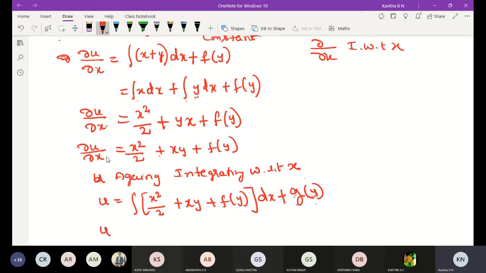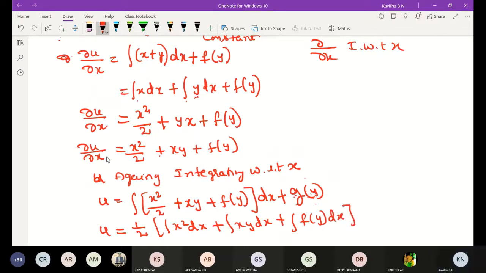Then u is equal to, take 1/2 common, then integration of x² dx plus integration of xy dx plus integration of f(y) dx, then plus g(y).